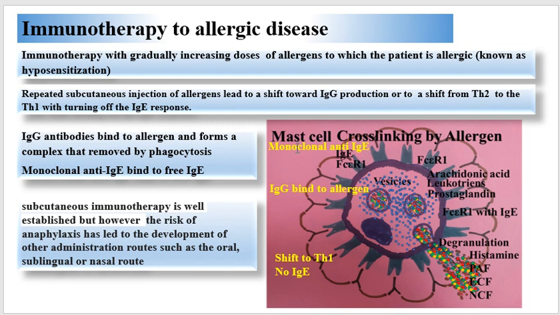So these monoclonal antibodies, when given to treat allergic rhinitis, couple or bind to free IgE antibodies, and not to membrane-bound IgE. As can be seen here, IgE is specific for some allergens. They bind to Fc epsilon R1, which is a high affinity receptor on the surface of the mast cell.